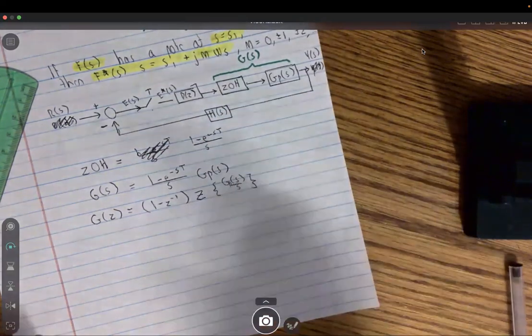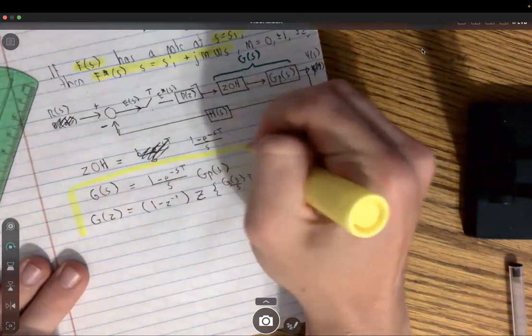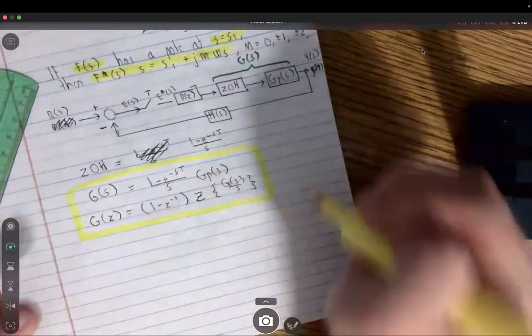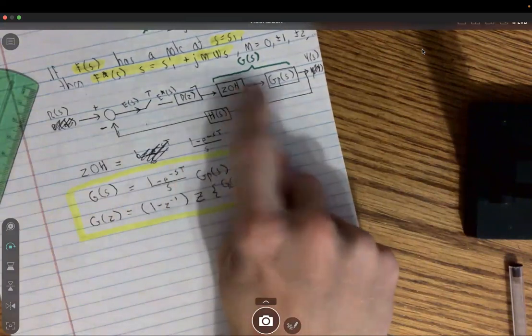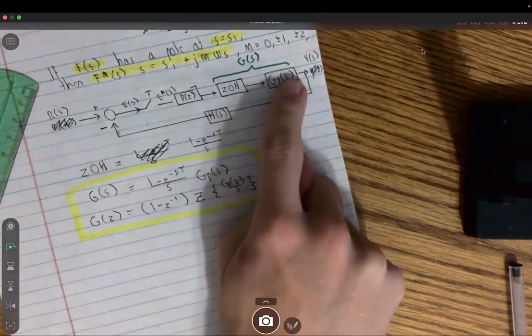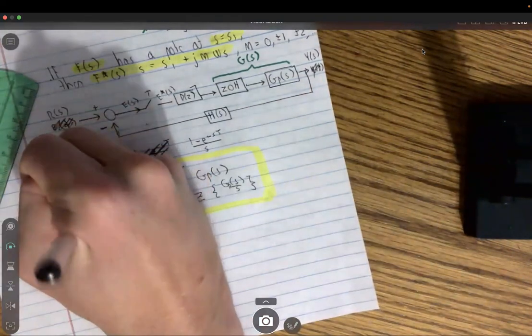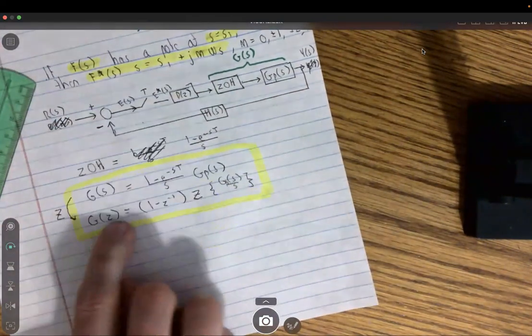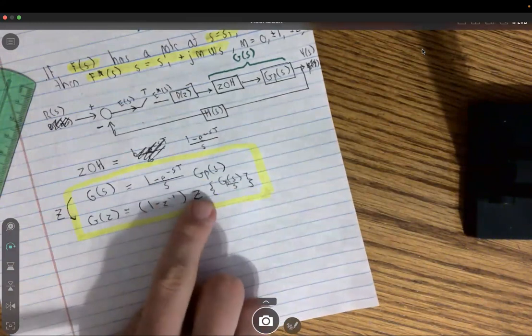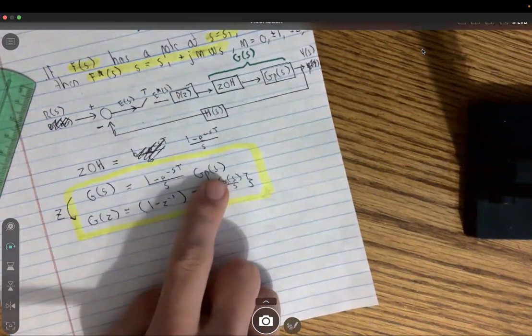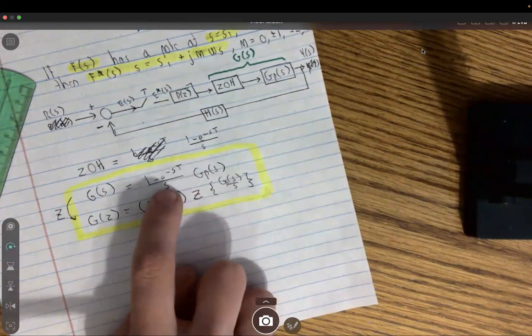So just know that when you have a zero order hold and a plant transfer function and you have to find the G of z, taking the z transform gives you the following result: 1 minus z to negative 1, and then the z transform of your plant transfer function all over s.